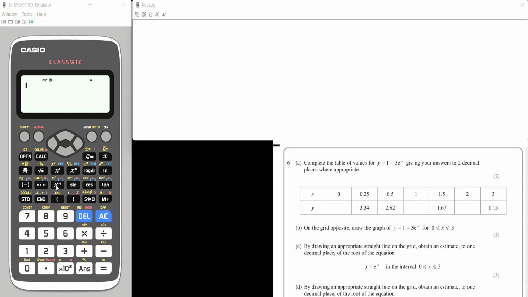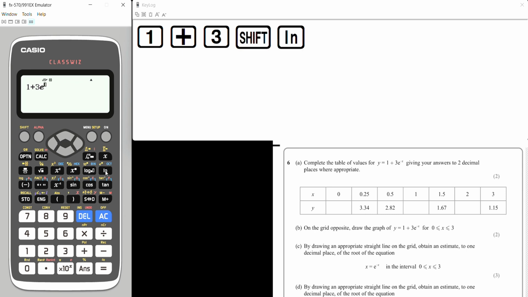Usually you have to use a lot of effort to type it again and again or use a table, but my favorite method with the help of a calculator is just typing the equation out. 1 plus 3e to the power of negative x. And then I'll use the CALC button, which is pressing CALC, and key in x equals something, and then I'll get the y value. So keying in x, I'll get y equals 4, and I'll write down 4.